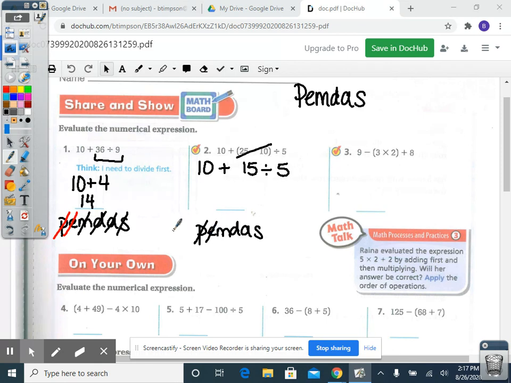Next is multiplication or division. Remember, these two can interchange if both operations are in one problem. However, we only have division in this problem. So we're going to solve that next. 15 divided by 5, that is 3. So I'm going to bring down my 10 plus. 10 plus 3 is 13. I've taken care of all my steps in PEMDAS.